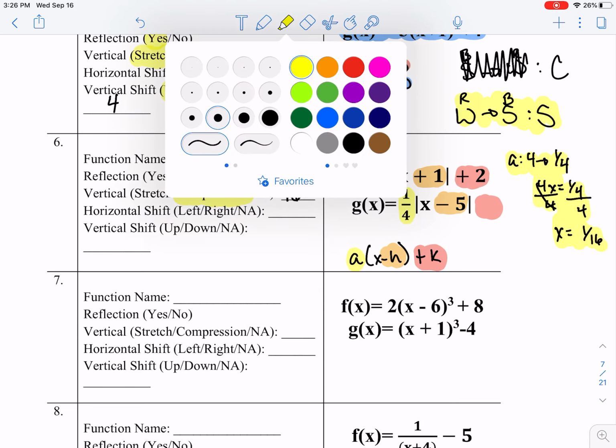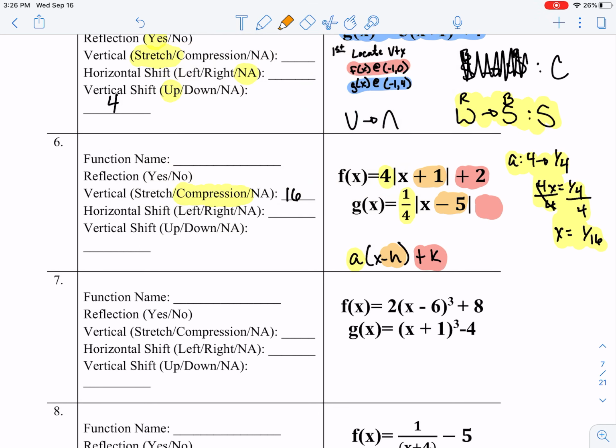Now, all of my stuff for h. It's inside the operator. So I want to write +1, but I see it's the opposite sign of what I think. So from -1 to -5, again, the opposite of what I think, +5. h is horizontal.